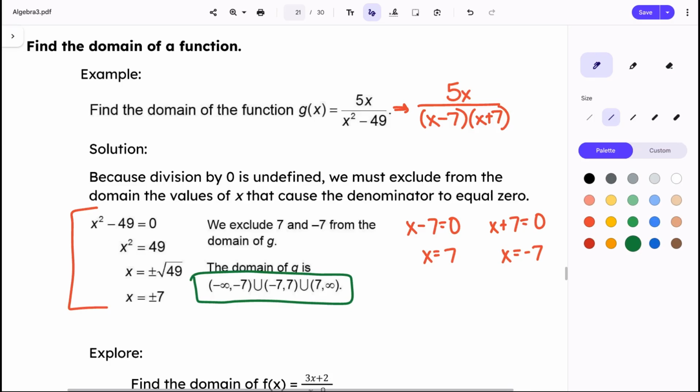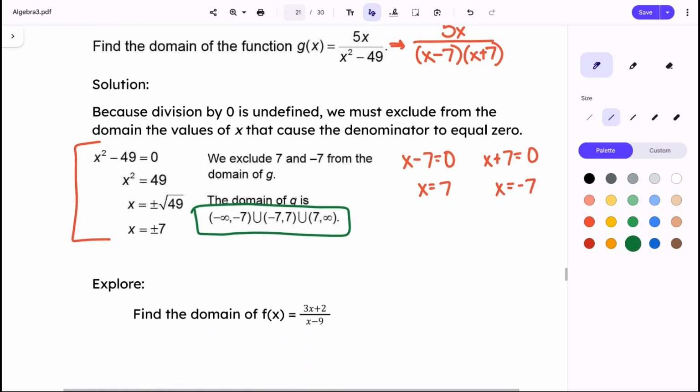Then it's the union, because this is more than one set of x values that works. It could be anything between negative 7 and positive 7, again not including those two values. That's what those parentheses are marking for us, that we're not actually using 7 and negative 7. And then the last one is anything above 7 up to positive infinity, because anything bigger than 7 would work as well.